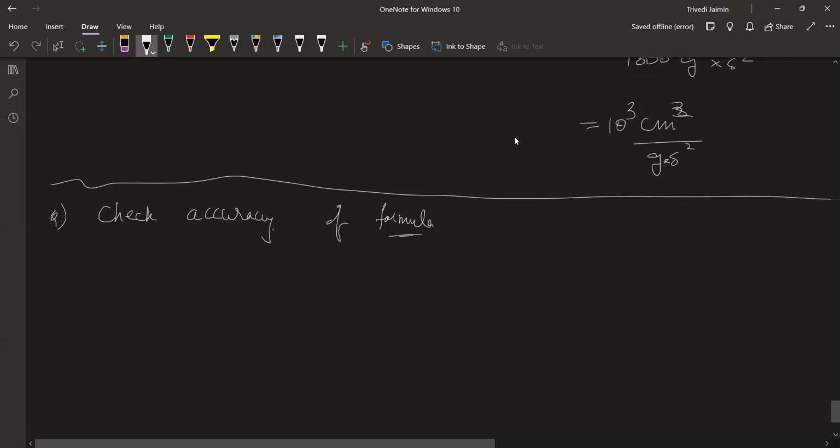So it is given here. But for that, you should know all the dimensions of all the quantities. That will be the problem.